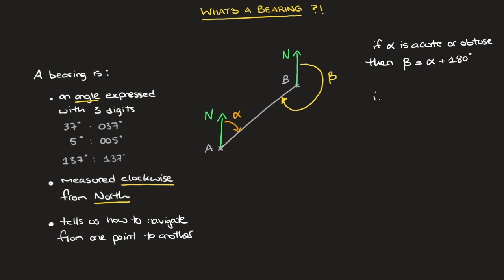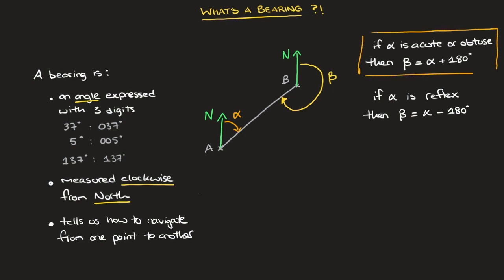On the other hand, if ever the bearing or the angle alpha is a reflex angle, so I'll just say if alpha is reflex, then the bearing or angle beta will be equal to alpha minus 180. Remember, a reflex angle is an angle that lies between 180 and 360 degrees. Now, these 2 results are definitely worth knowing, so do make a note of them.